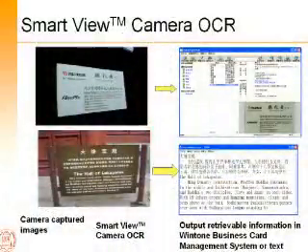This is embedded camera-based OCR on the mobile phone. You use the mobile phone to catch the business card and it can read the information, such as the phone number or email, to input into the database.